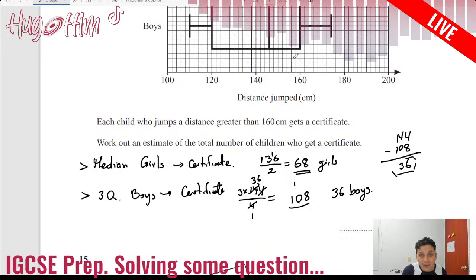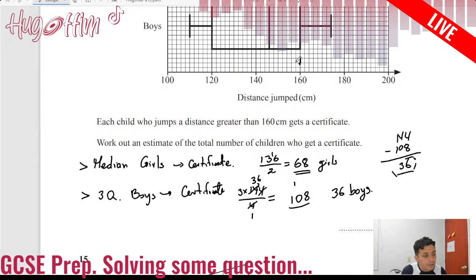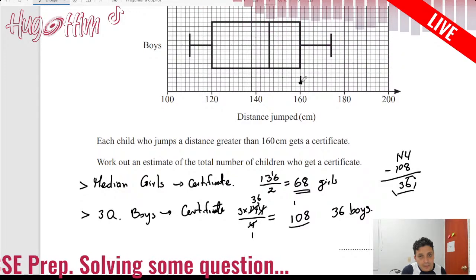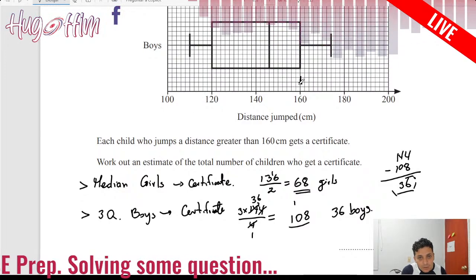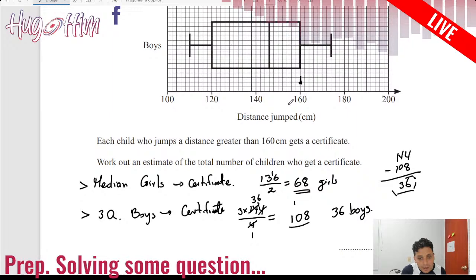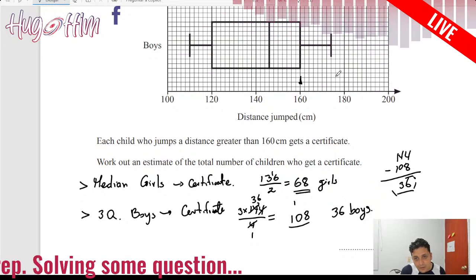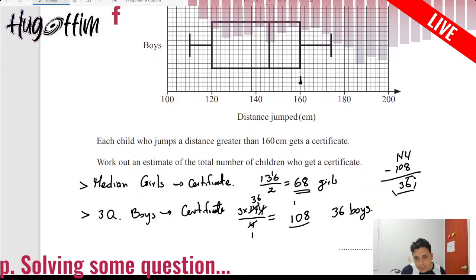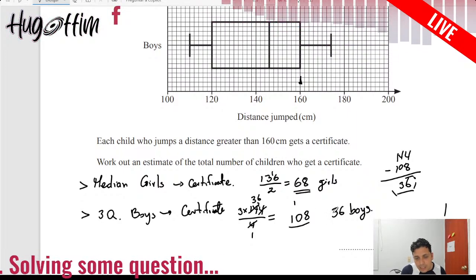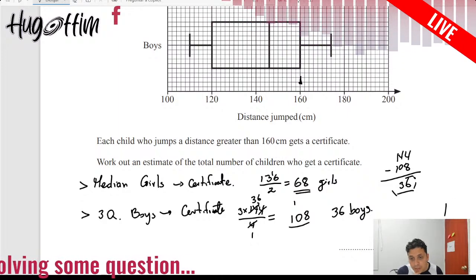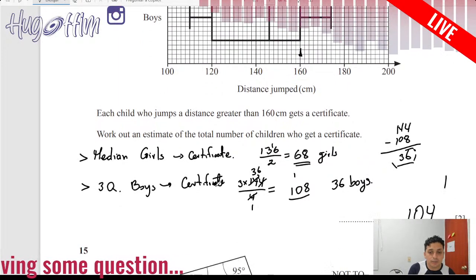Because 3/4 of the sample are from here, here is divided in 4 parts. So 108 here, and here 36. So I just need to add 68 and 36. 8 and 6, 14, 6 and 4, 10. 104 children got the certificate.